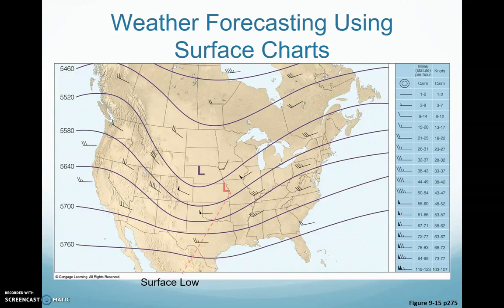Recall from mid-latitude cyclones that when you have a trough, the wind is going to be converging coming into the base of the trough and then diverging as it comes out from the base of the trough. And so since we have divergence aloft here, but at the surface that low pressure, the air is being brought into the center of the low, the jet stream is going to allow a decrease in pressure.